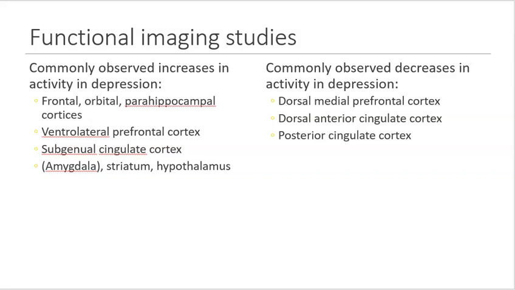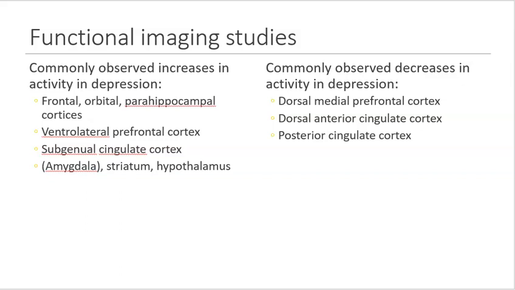Functional imaging studies commonly observe increases in activity in depression. So you get more activity in the frontal, the orbital, the parahippocampal cortices. There's more, again, in the prefrontal cortex, and part of the cingulate cortexes.